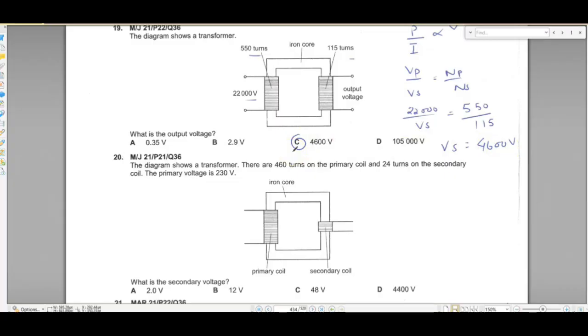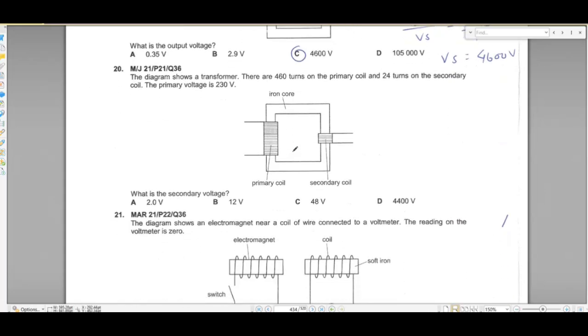Okay? Question number 21. No, question number 20, sorry. The diagram shows a transformer. There are 460 turns on the primary coil and 24 turns on the secondary coil. The primary voltage is 230 volts. What is the secondary voltage?